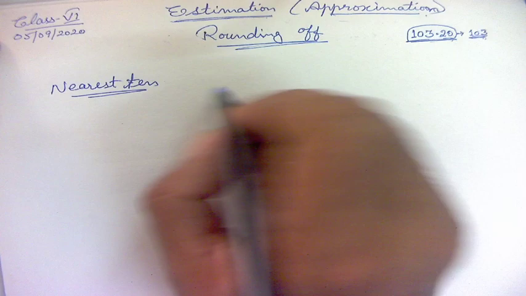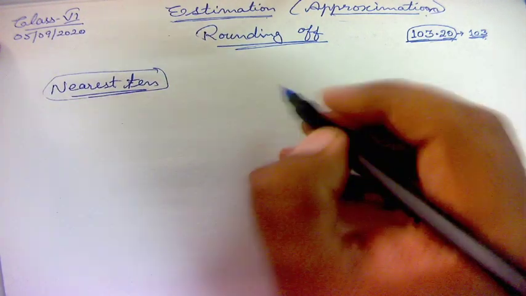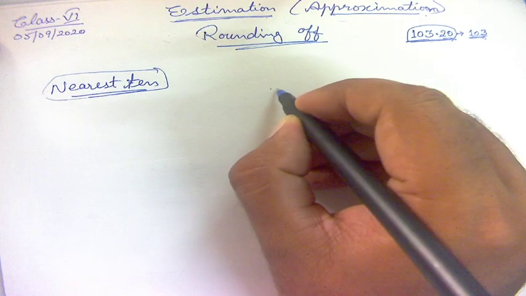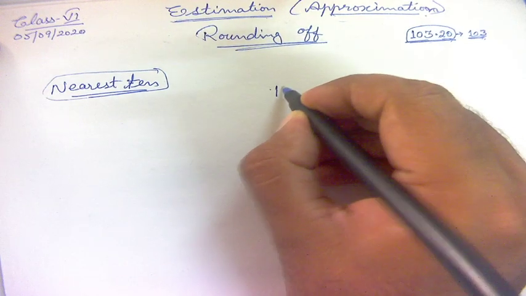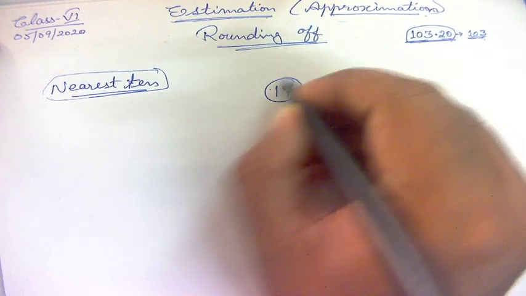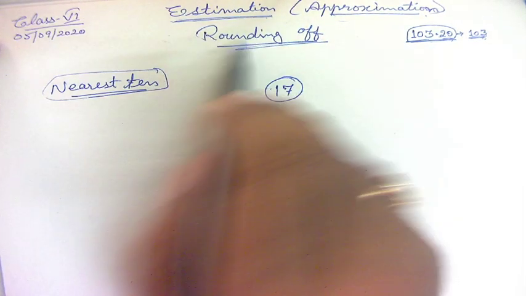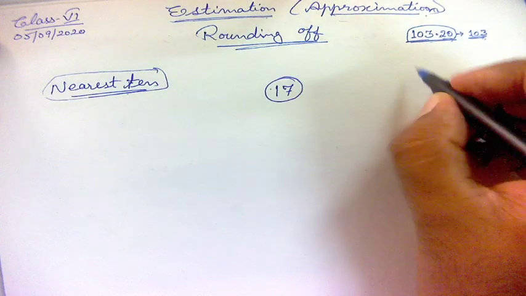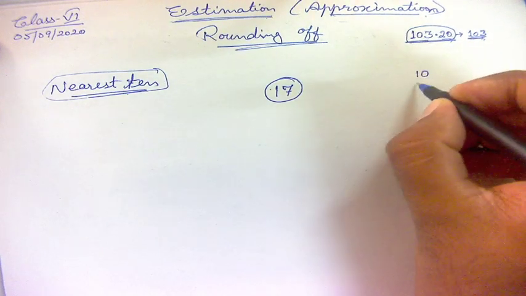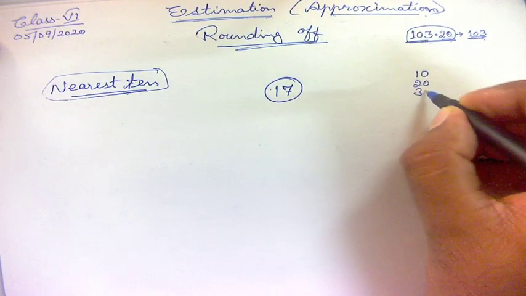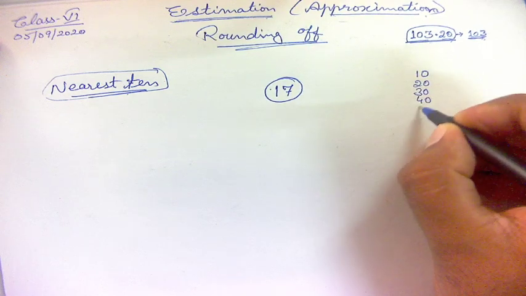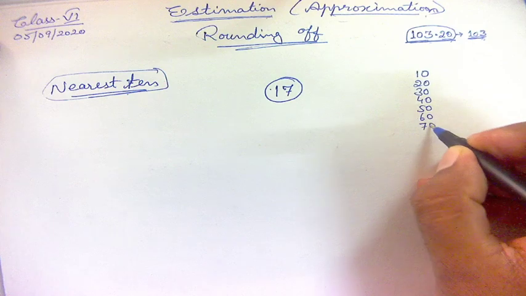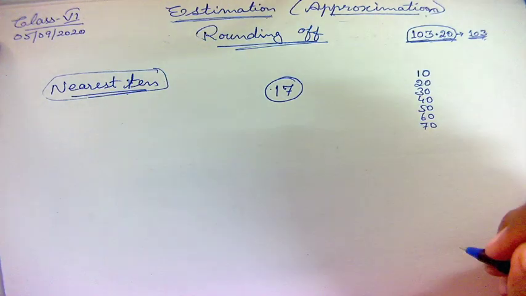Now here, suppose I give you the number 17, and I ask you to round it off to the nearest 10. Nearest 10 means the values to be taken are 10, 20, 30, 40, 50, 60, 70, 80, 90 and so on.